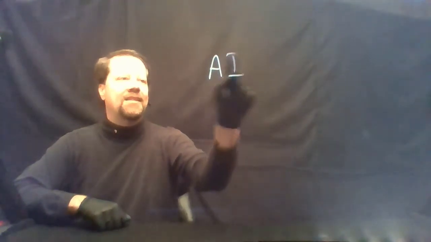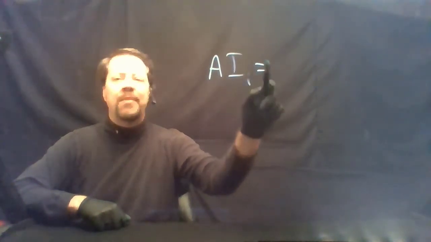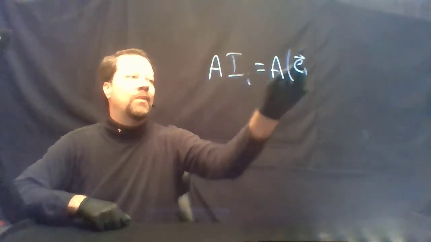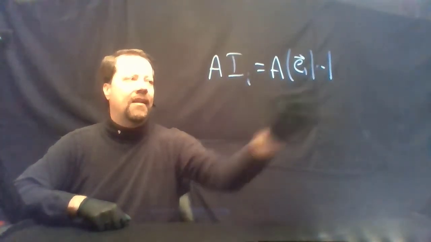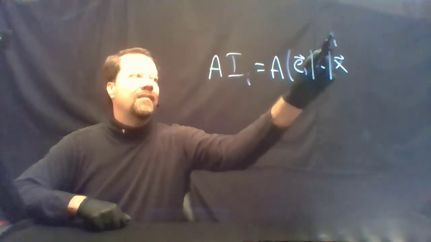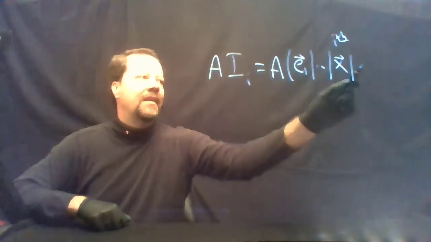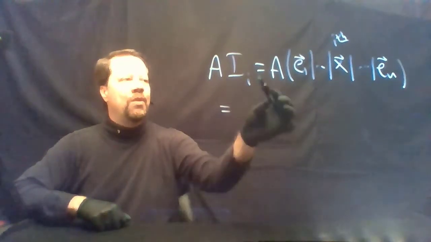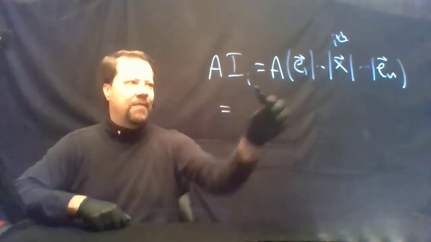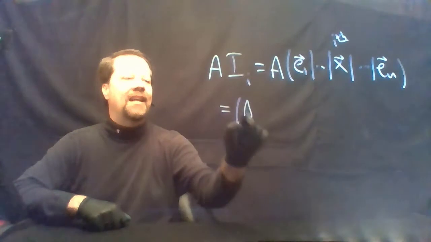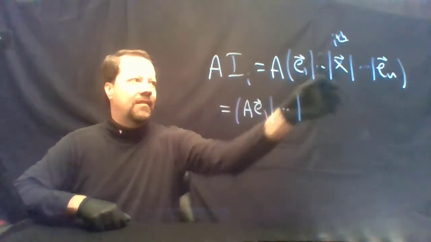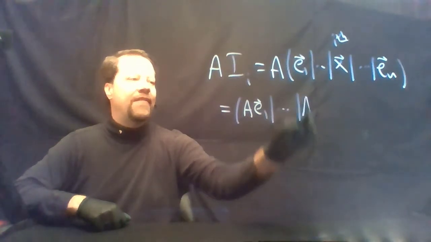I want to look at A times I sub I. Remember, this is A times E1, with the ith column replaced by x. Here's the ith column, and of course it ends in En. When you multiply a matrix in its column form like this, you end up with A times E1. On the ith column, we'll have A times x.